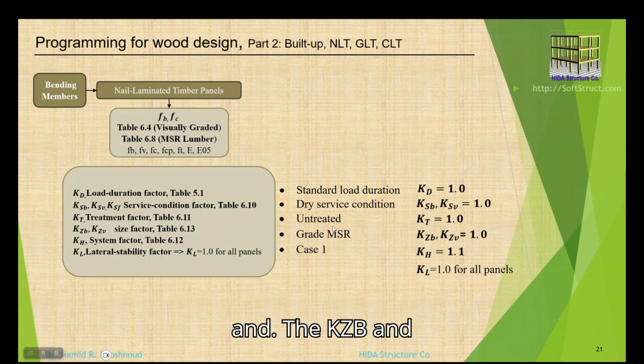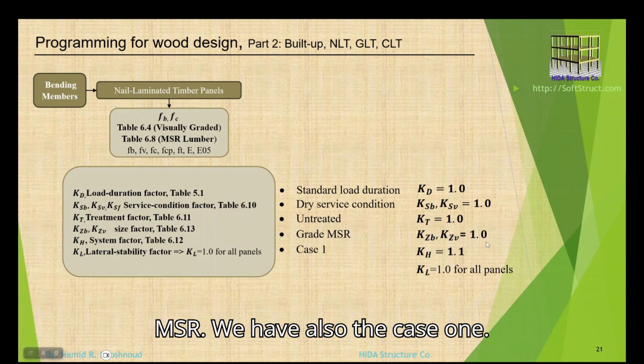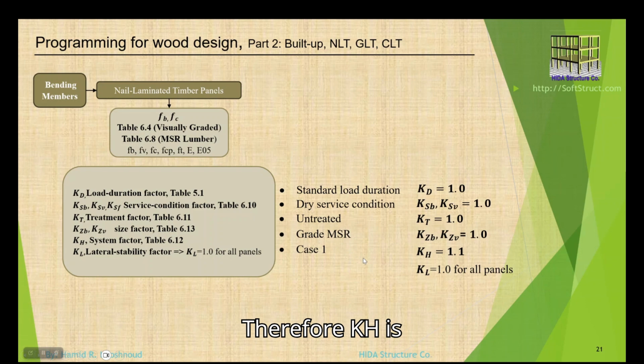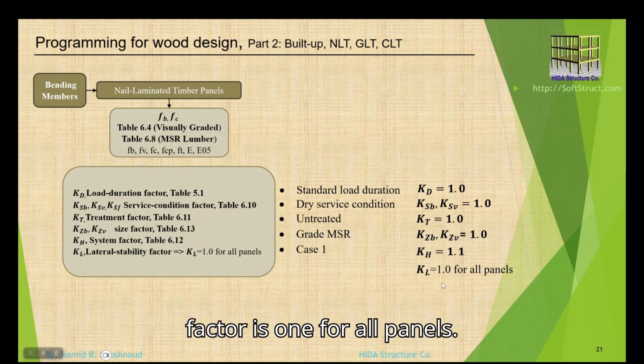And KZB and KZV for the size factor are also 1 because we have grade MSR. We have also case 1, therefore KH, the system factor, is 1.1. And KL, the lateral stability factor, is 1 for all panels.